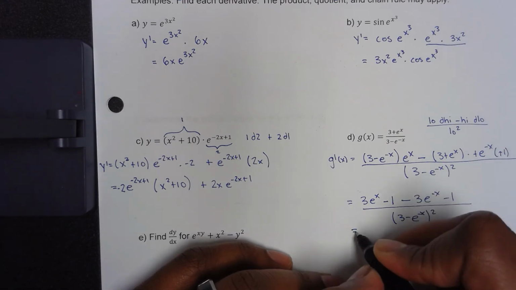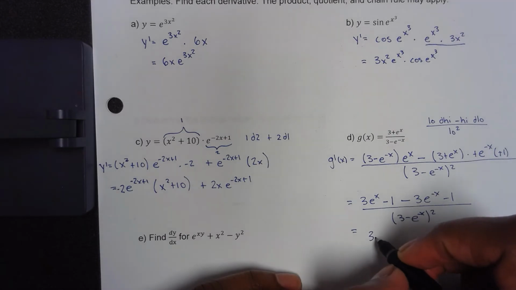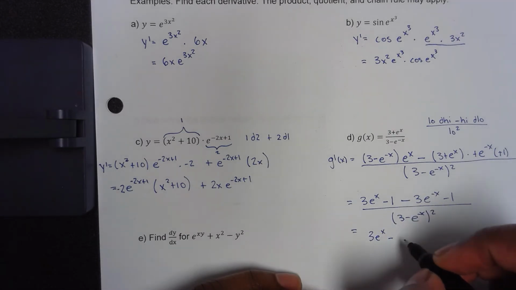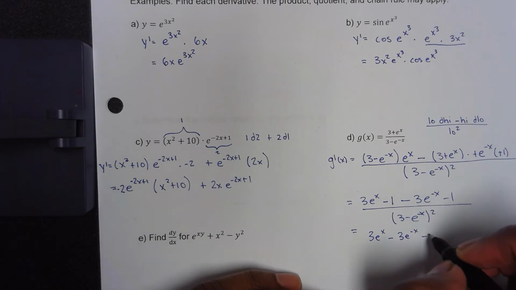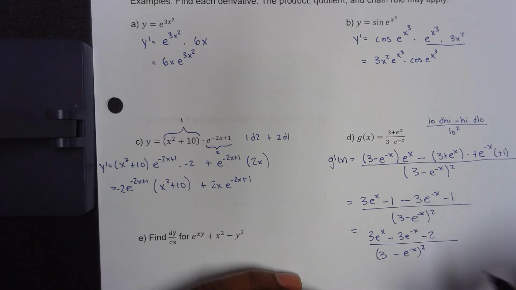If we fully simplify, we would get 3e to the x minus 3e to the negative x minus 2 over 3 minus e to the negative x quantity squared.